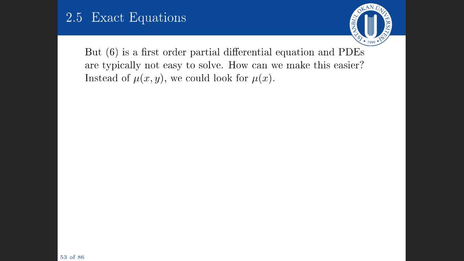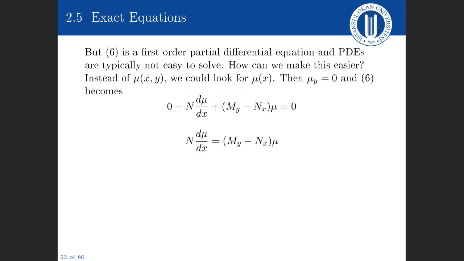So how can we make this easier? One way to make this easier would be, instead of looking for an integrating factor which is a function of both x and y, we could look for an integrating factor which is only a function of x. Then in the above calculation, we would have that mu y is equal to 0, and equation 6, in fact, becomes this easier equation.